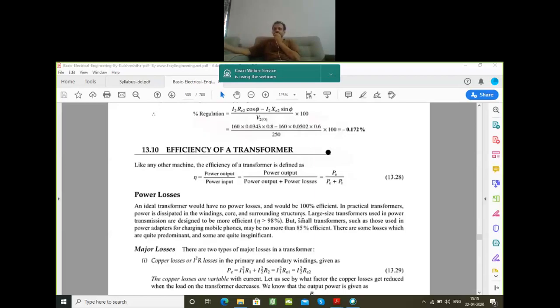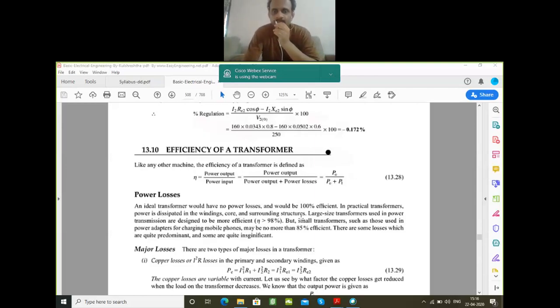If transformers are large in size, power efficiency is very high, 98% or more. If you use small transformers like those in telephone adapters or mobile phone adapters, their efficiency is considerably less, below 85%. This is because there are significant losses in the transformer due to its small size.